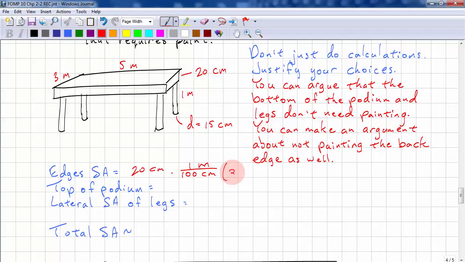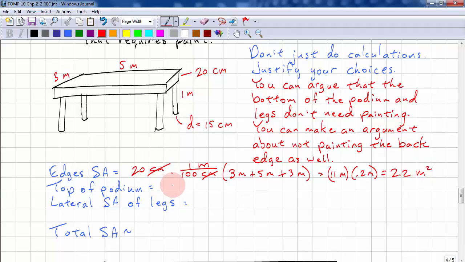So that's 3 meters plus 5 meters plus 3 meters. And this actually just equals 11 meters times 0.2 meters. And we should cancel out centimeters. And this gives us 2.2 square meters.